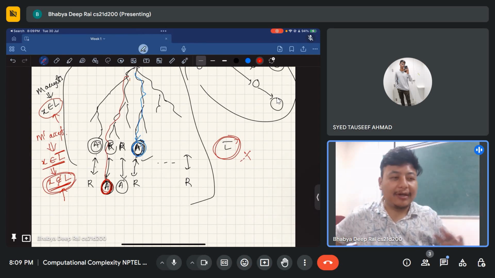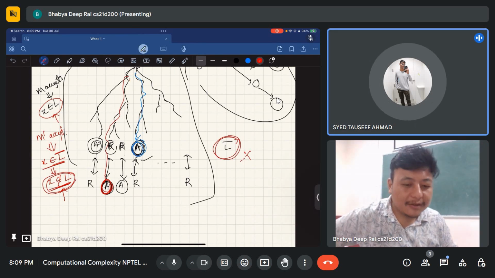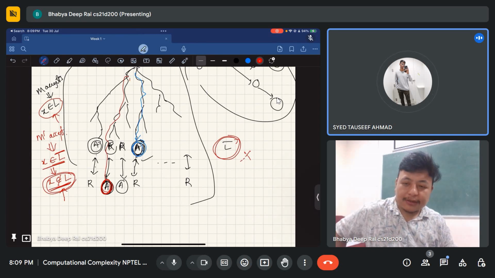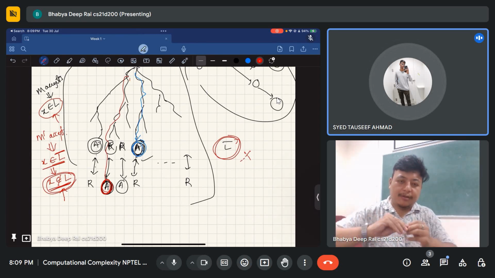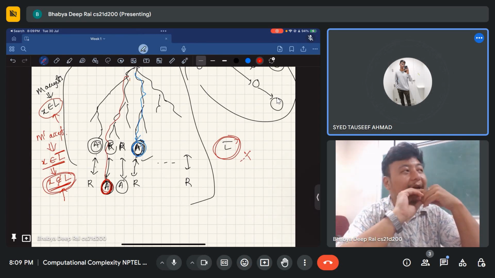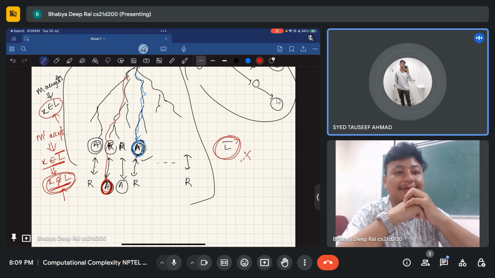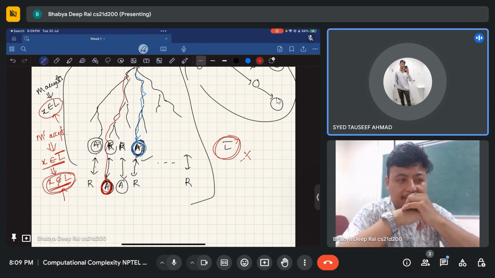I'm actually not very familiar with those algorithms. Okay, let me check that. The algorithm design techniques will not be studied here.